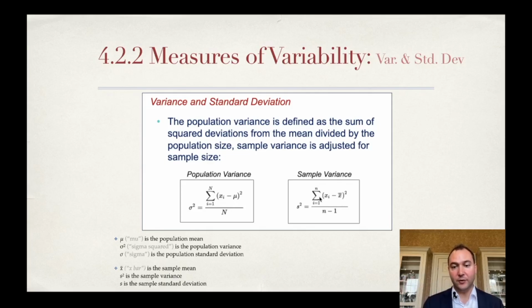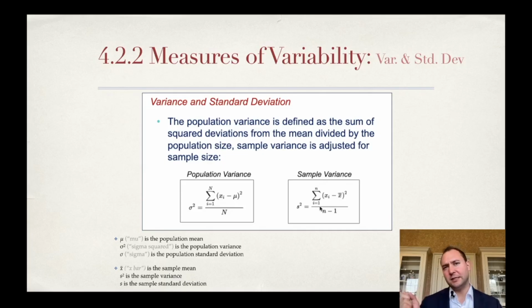Then we take the difference of each individual value from the mean. Some of those differences will be negative, some will be positive, depending on whether your x value is above or below the mean. So we square that value, which changes everything into a positive number, because a negative multiplied by a negative equals a positive.